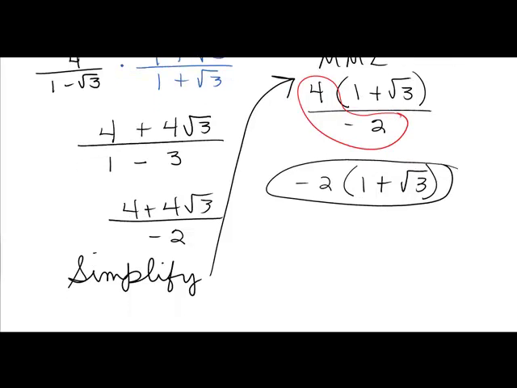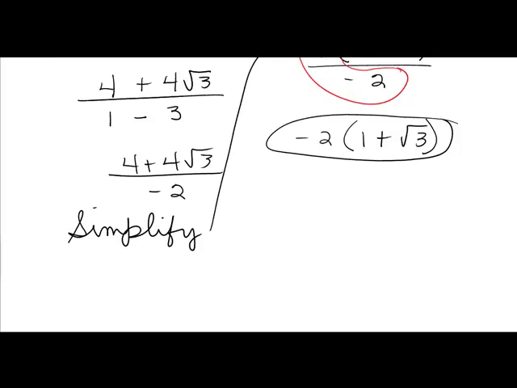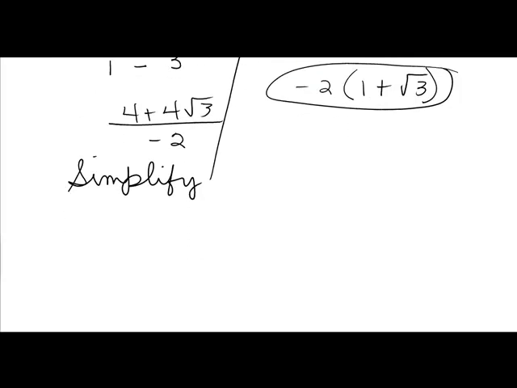You could also look at it this way. I have a 4, negative 2, and they can all be divided by that 2.